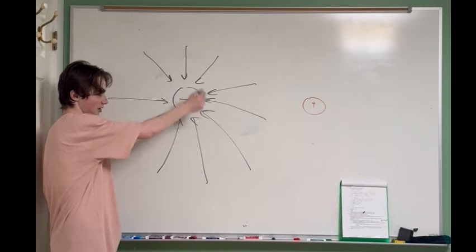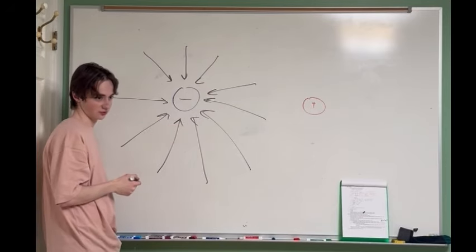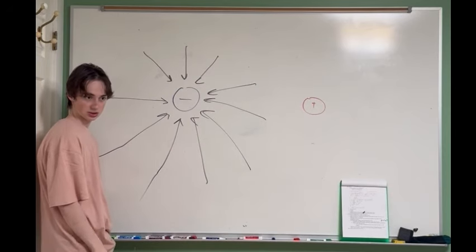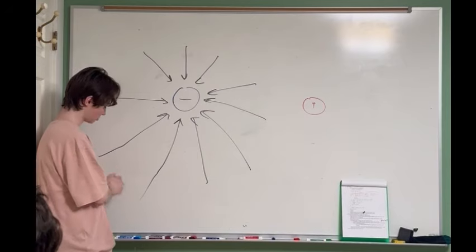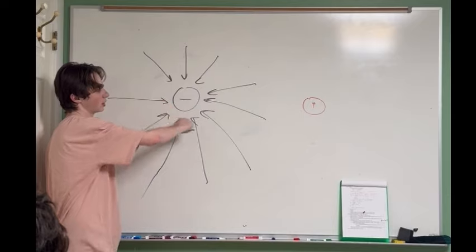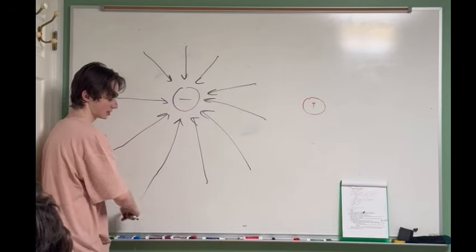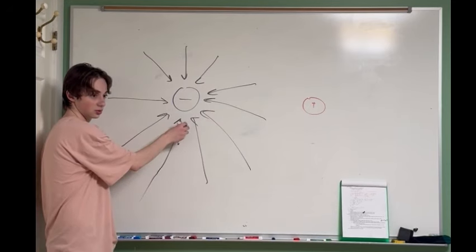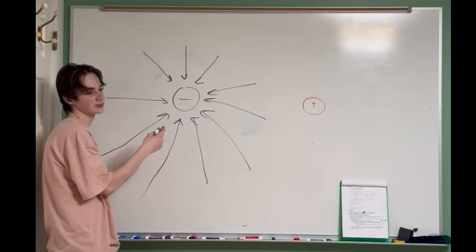The increased density of the arrows represents the increase in electric field, so sparser arrows mean less electric field. See how there's a lot more arrow density here and a lot less here? That represents less electric field over here than over here.